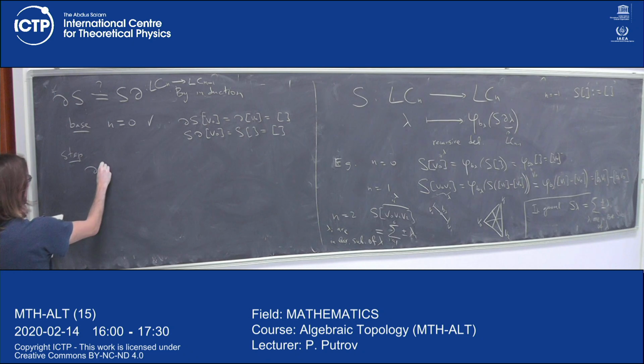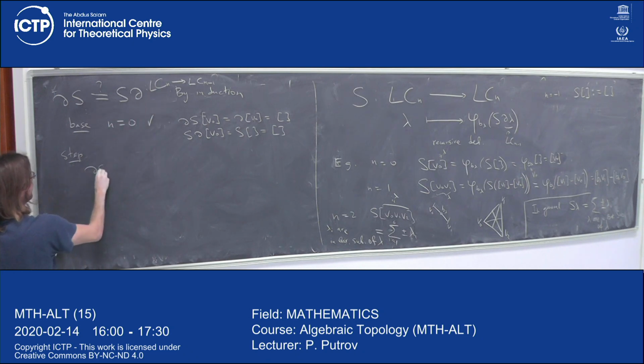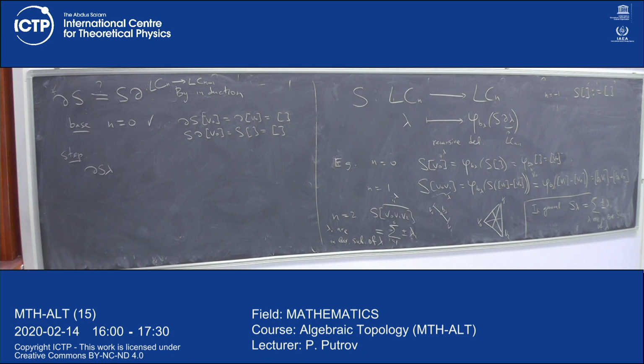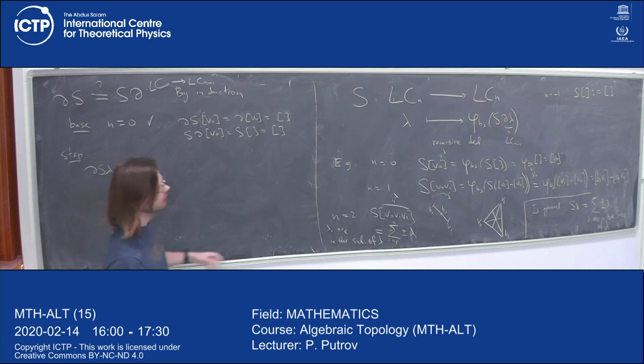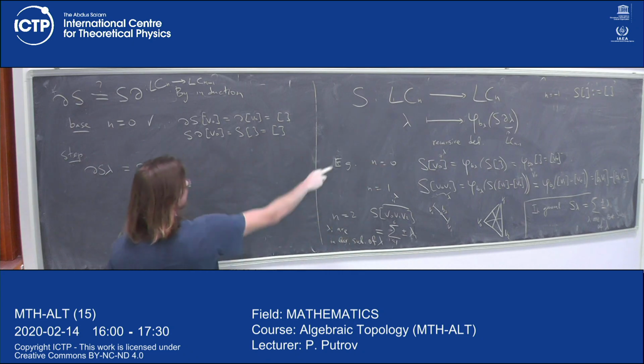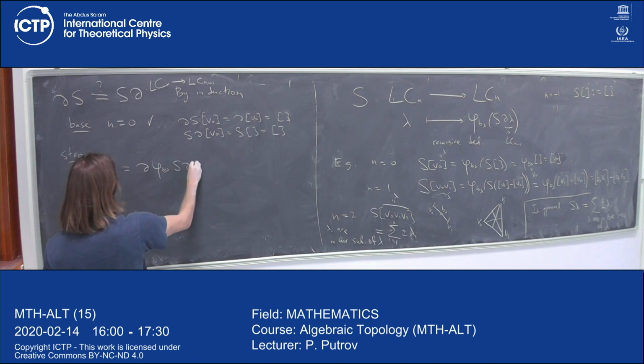So I take lambda, some element here, and act on it by this homomorphism. Let's see, I use this recursive definition over there. So this would be d phi d lambda S d lambda.